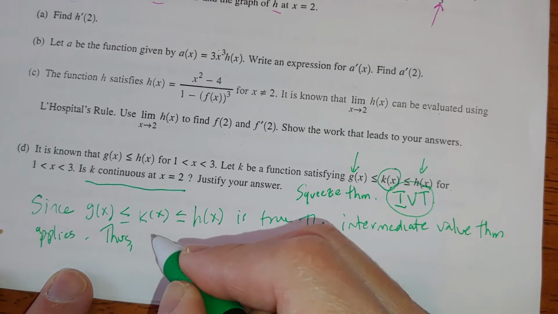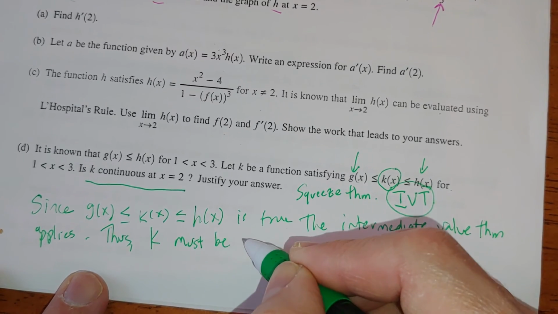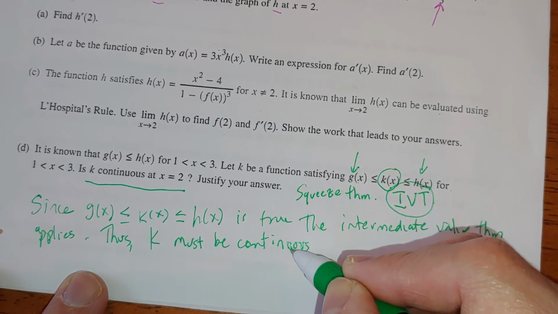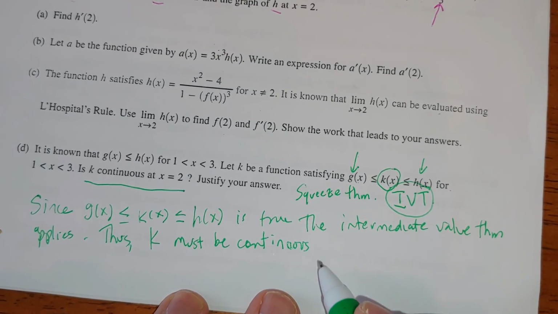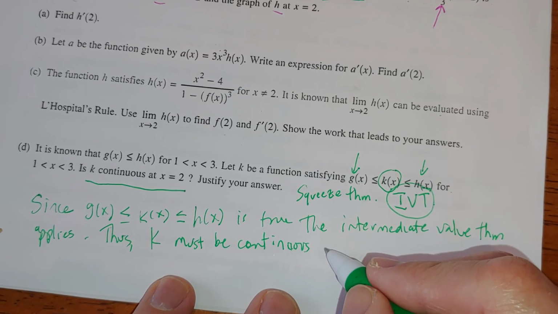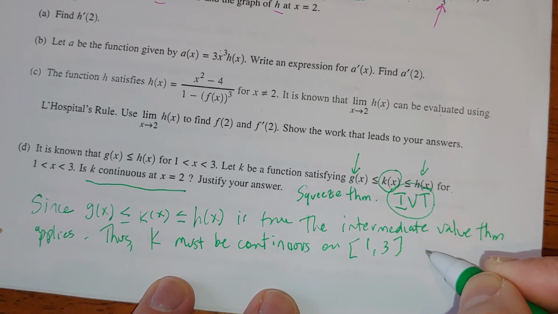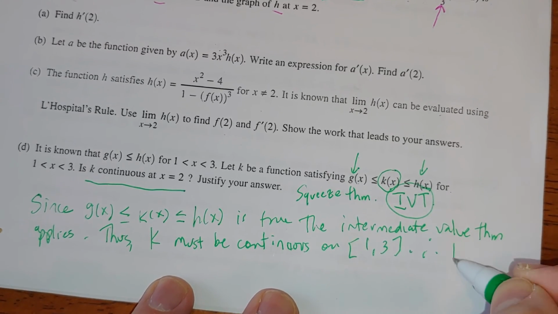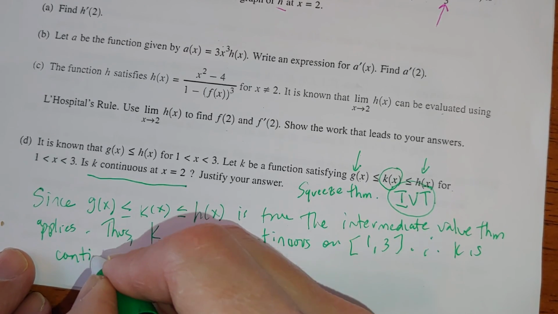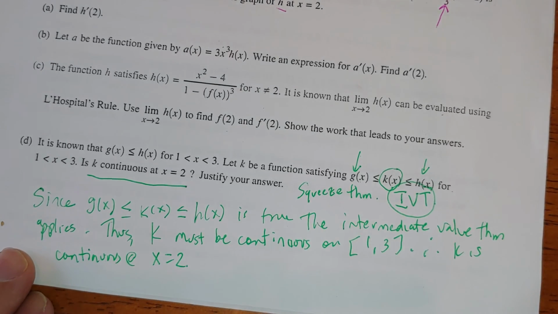Thus, k must be continuous. Sorry about the sloppy handwriting. It's kind of hard not to get my big fat hand in the video. Must be continuous on the closed interval from 1 to 3. Therefore, k is continuous at x equal to 2.